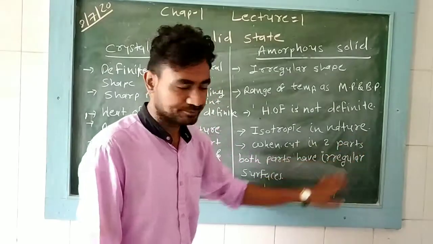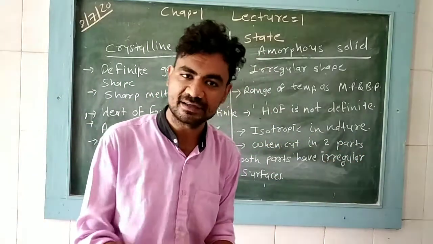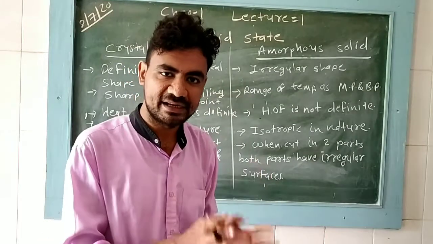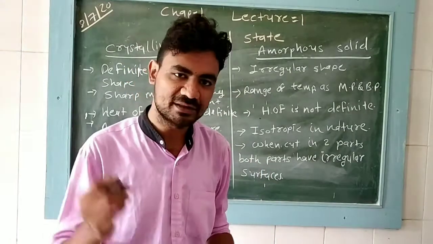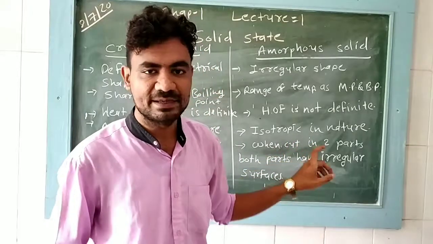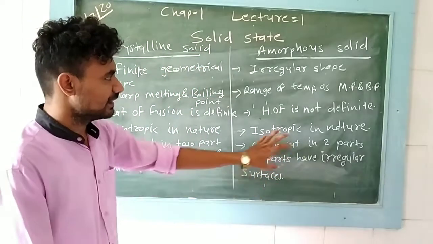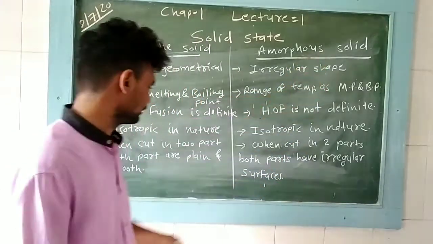Isotropic in nature: amorphous solids are isotropic, meaning the two parts will be equal and both will have the same property. As I showed, the time for heat to pass will be the same. So that type of property will be the same in amorphous solid.